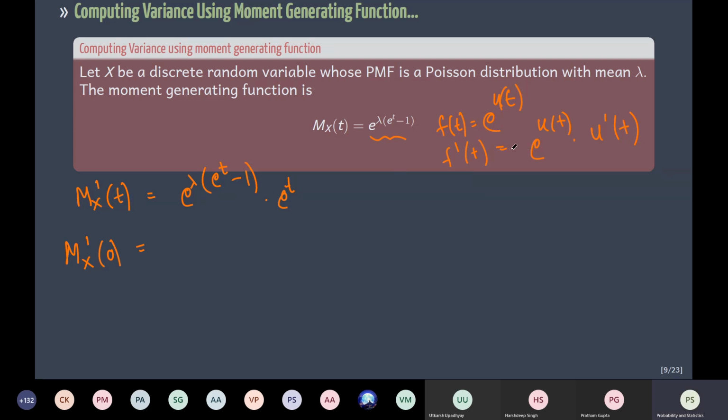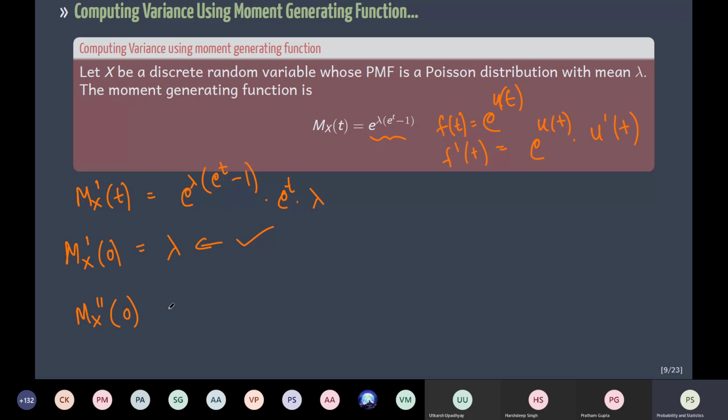If I differentiate this, then there will be lambda also, because lambda is a constant which will be there. If I put 0 here, this will be 1 minus 1, which will be 0, and e to the 0 will be 1, so we will get lambda. So this is correct. We have seen that the expectation of a Poisson is indeed lambda.